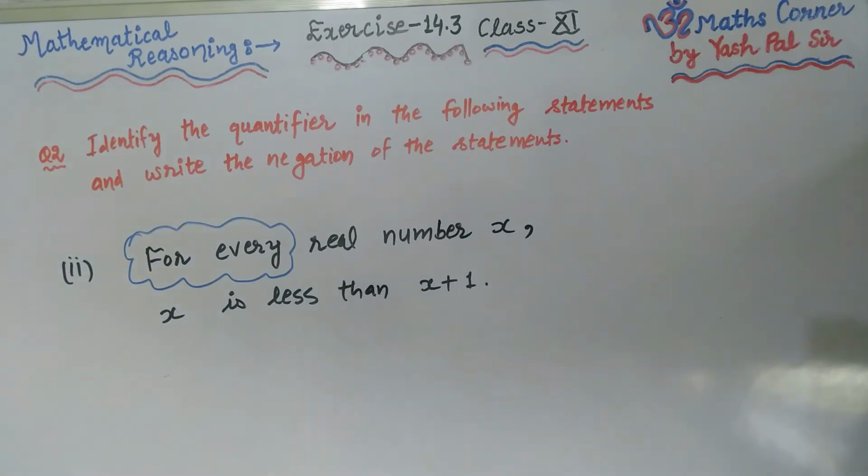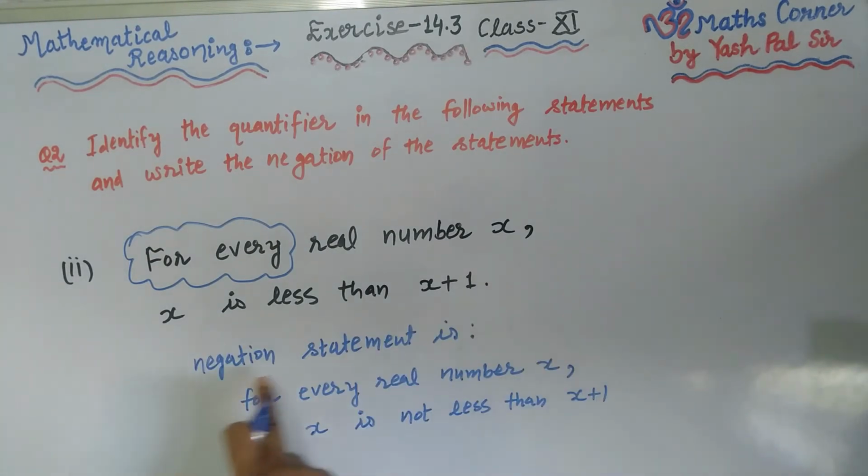What should be the negation? The negation statement is: for every real number x, x is not less than x plus 1. Here we just inserted "not". Rest everything is the same. This is the negation of the given statement.